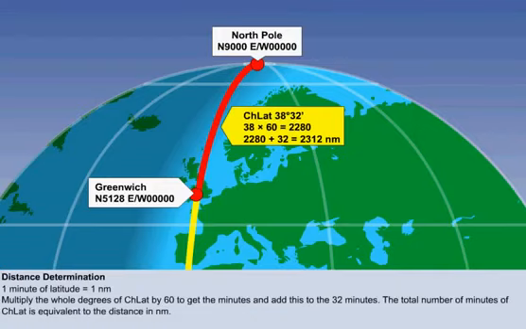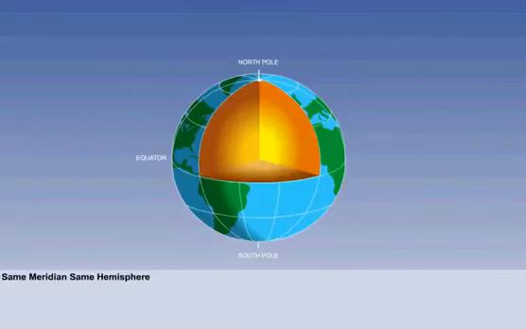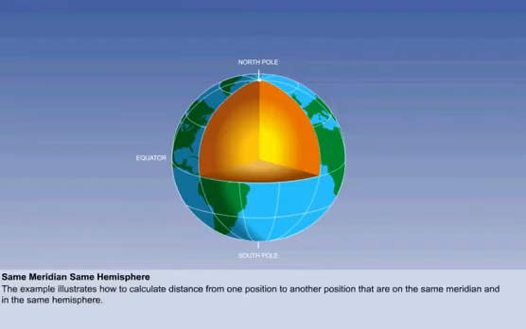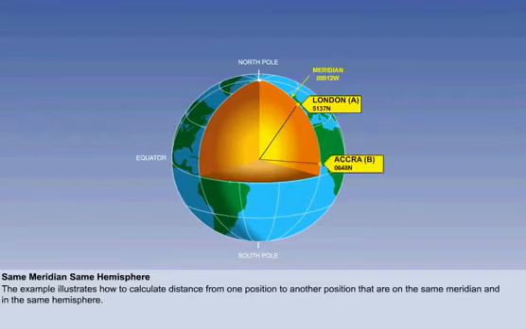Now we will look at some more complex calculations using this principle. Firstly, from a departure point on the same meridian and in the same hemisphere as the destination point. What is the shortest distance between London, north 51°37', west 000°12', and Accra, north 06°48', west 000°12'?